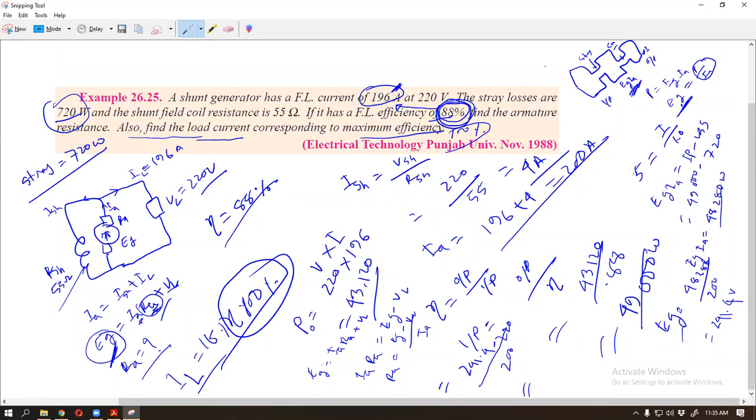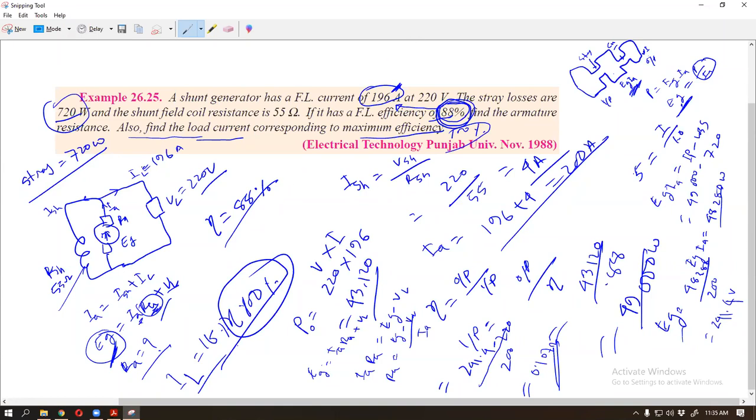So Ra is equal to 0.1071. You get the value. This is the armature resistance.